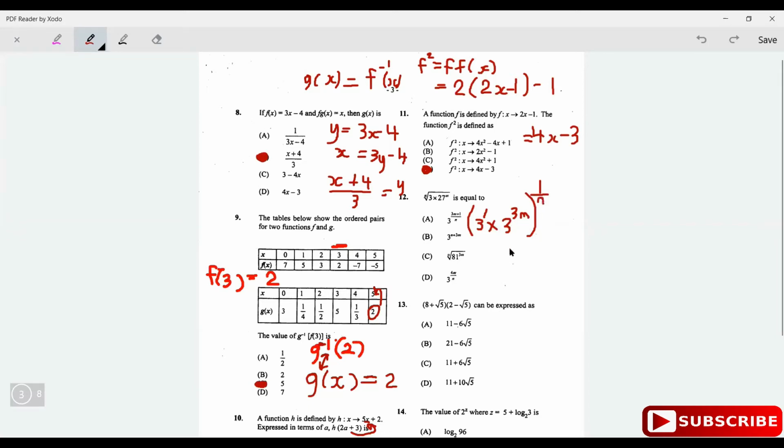Now, when the bases are the same, we know we can add the powers, so it becomes 3 to the 1 plus 3m, and all of this is raised to the 1 over n.